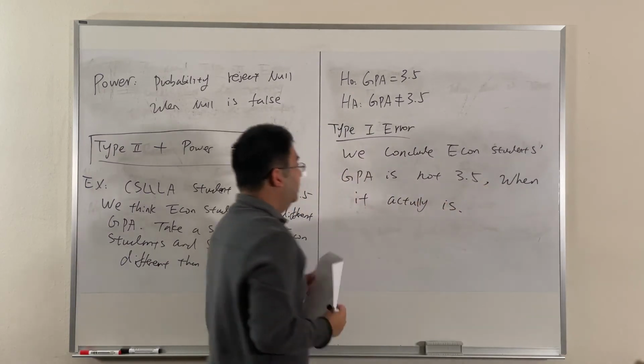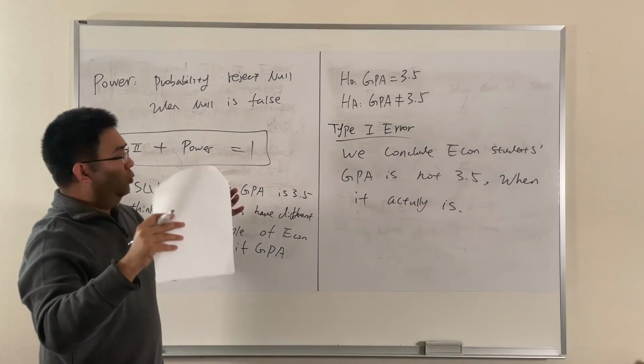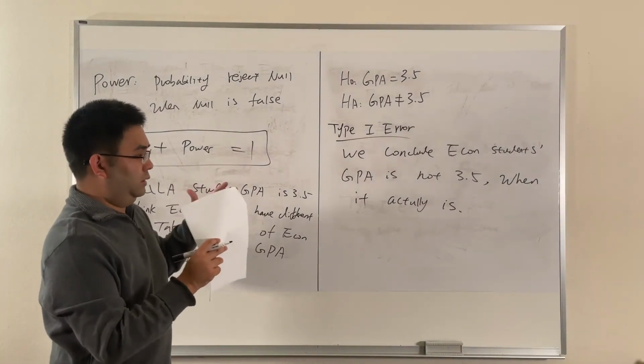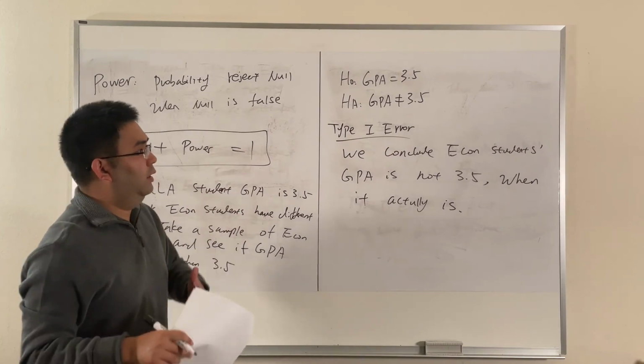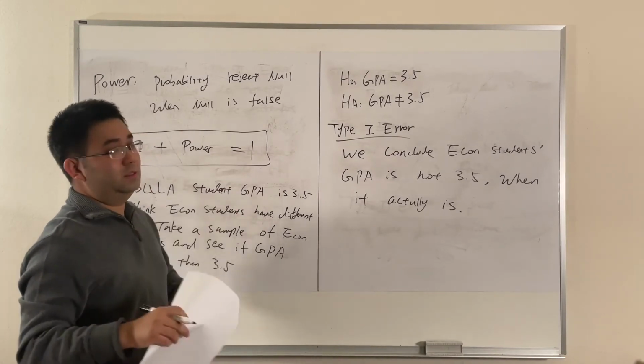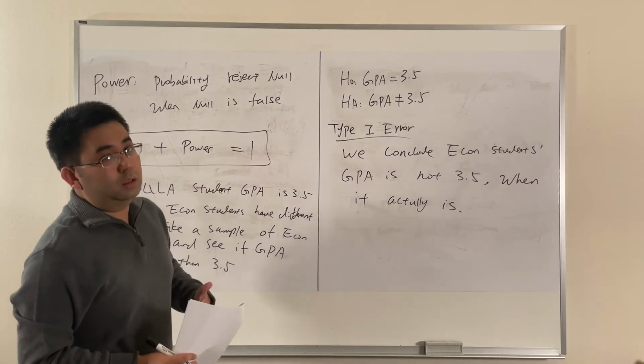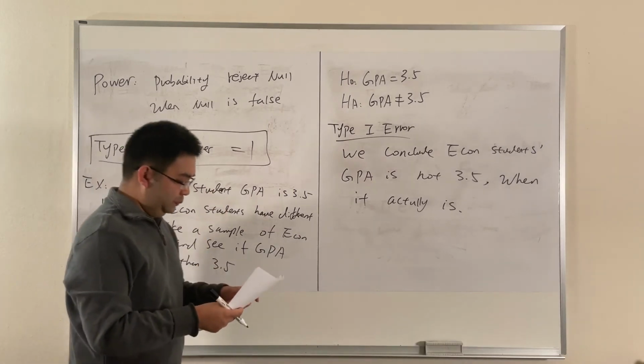So when the null is true, when the GPA is actually 3.5, but we conclude their GPA is not 3.5, we reject the null when the null is true. That's type 1.